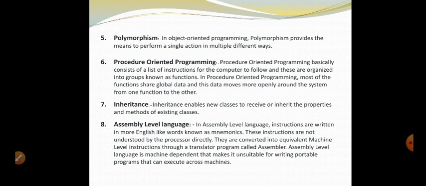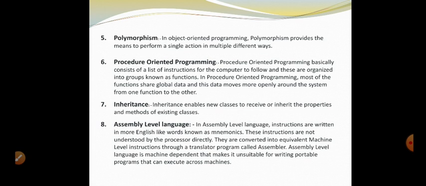Assembly level language is machine dependent, which makes it unsuitable for writing portable programs that can execute across machines. So this is the explanation of these words. The words which are bold, those are our words, and we have to define them.